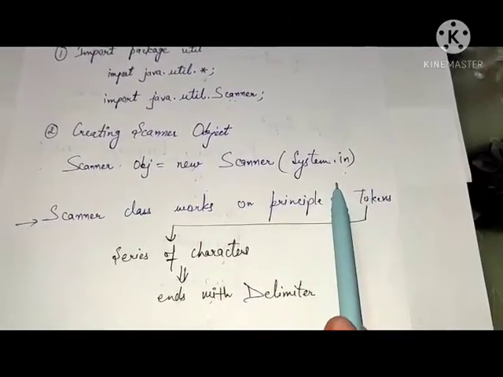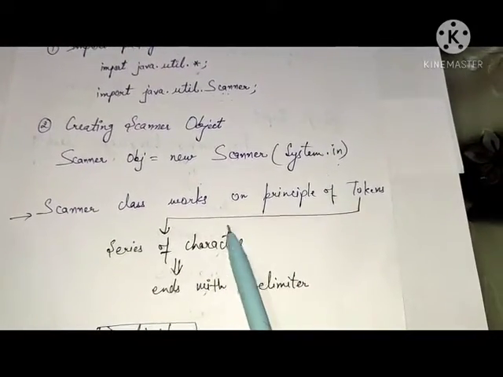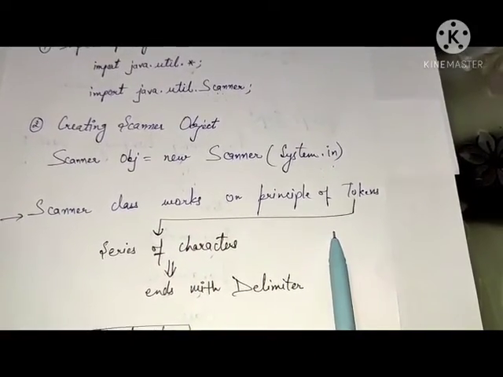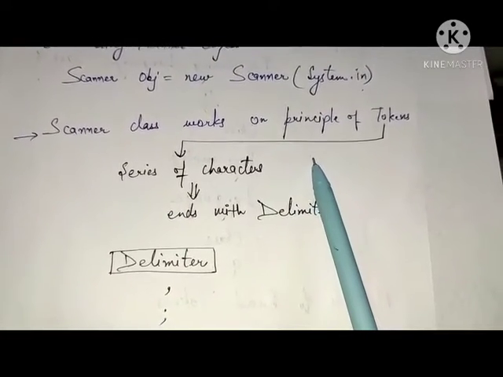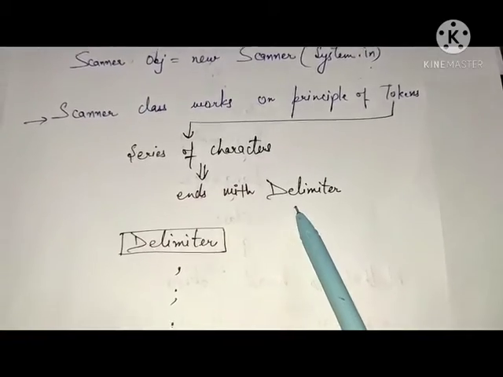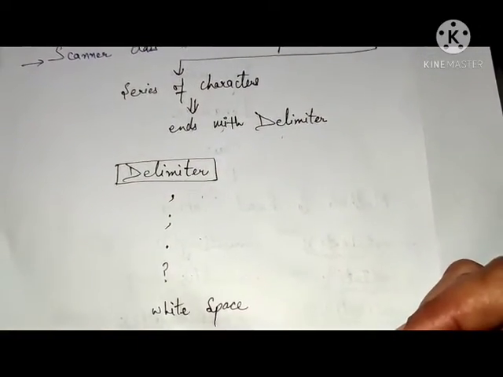Before discussing the program that uses the scanner class, we have to discuss its working. Scanner class works on the principle of tokens. What is a token? A series of characters that is ended by a delimiter. What are the delimiters? Comma, semicolon, dot, question mark, white space.